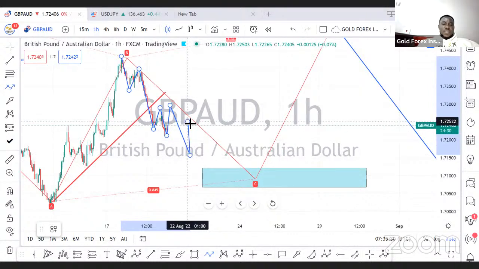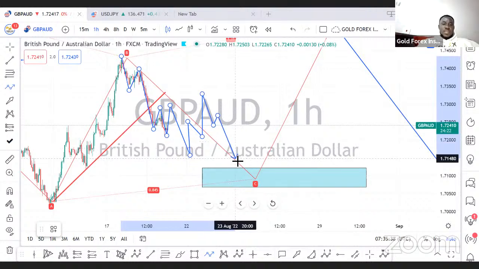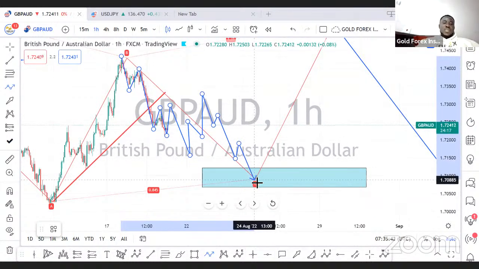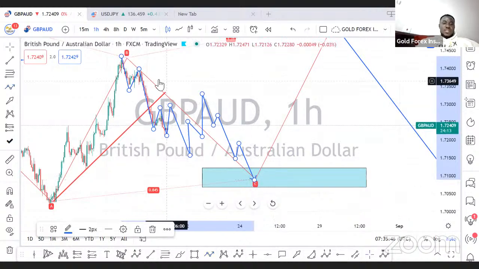Then maybe we'll have ABC like this, right? Then you start with 1, 2, maybe 3, 4, 5, like this. Okay, so this is how maybe it's going to happen, right? So you can put your stop loss over here.